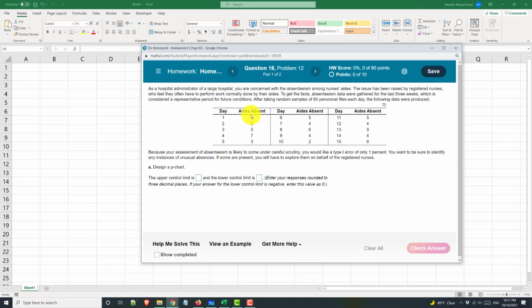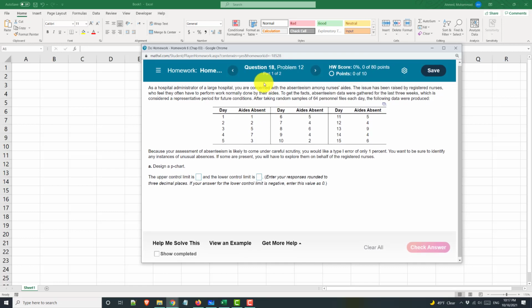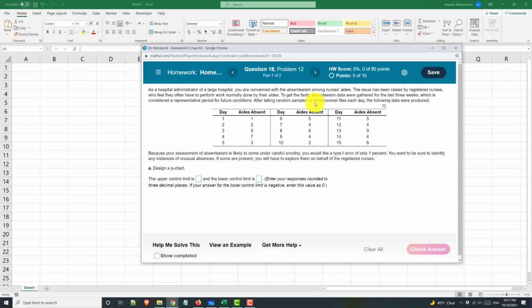Let's quickly review that. The key to determining what type of chart to use depends on the data given and what a sample is for this data. So a hospital administrator has taken random samples of 64 employees every day.